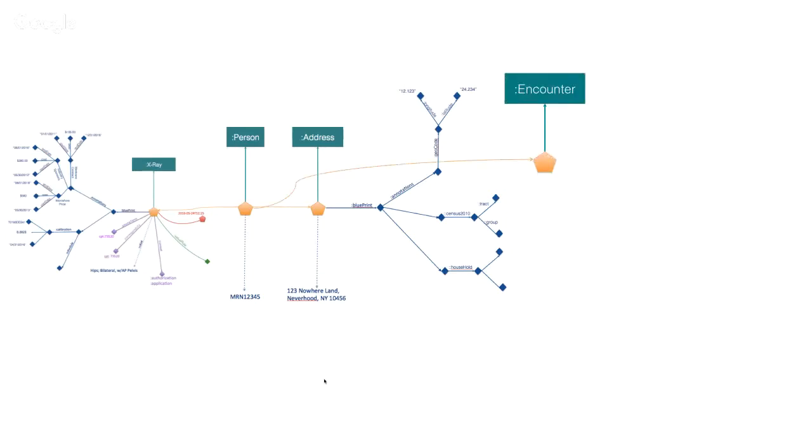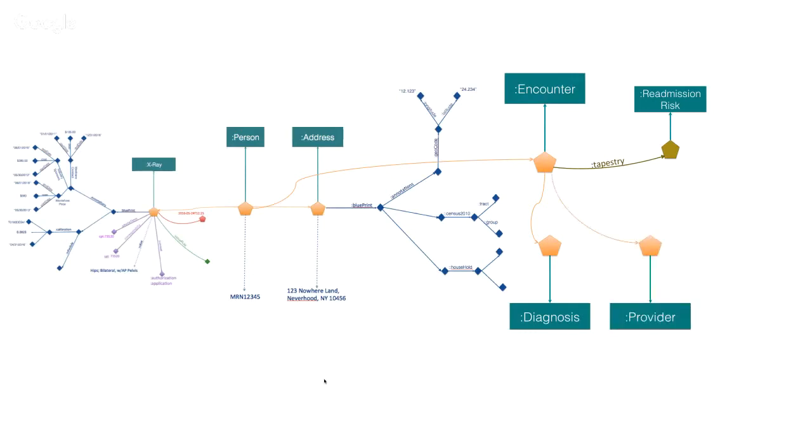We can link it to the encounter in which this happened, the diagnoses made for that, and then you can collect analytics. You can run a predictive model that would predict the readmission risk for this patient based on everything you know about this patient: the clinical representation of the patient, the neighborhood this patient lives in, and the qualities and costs of providing the service for the person. You can use all of this information to create analytics and risk scores for the patient.